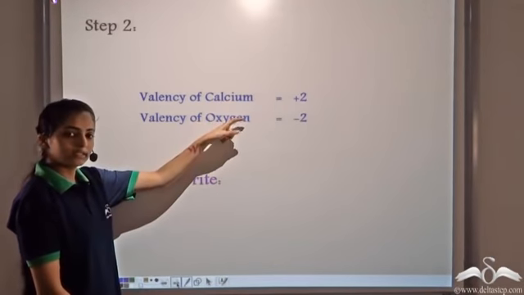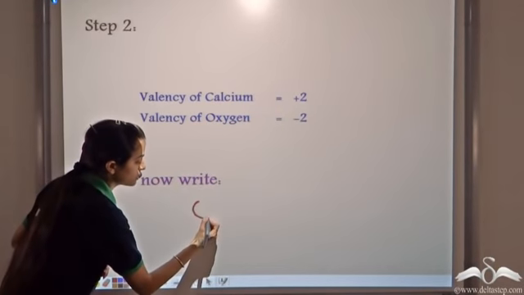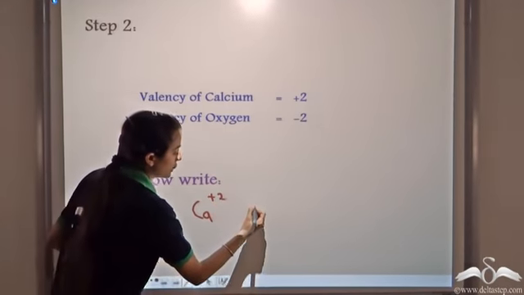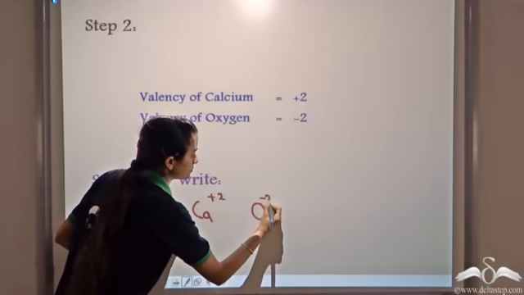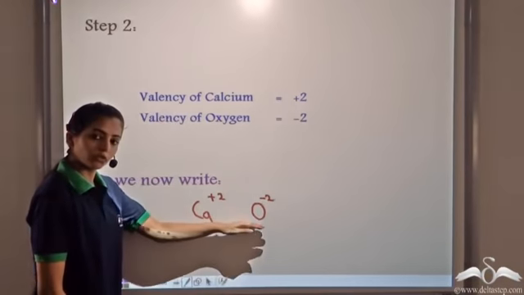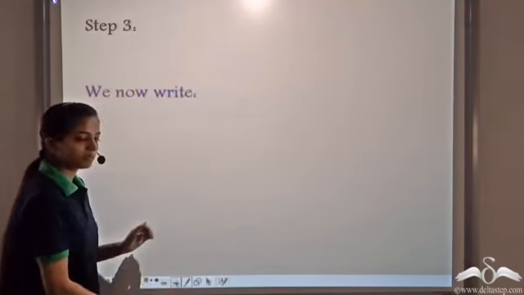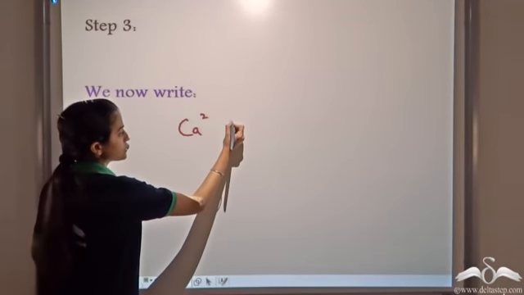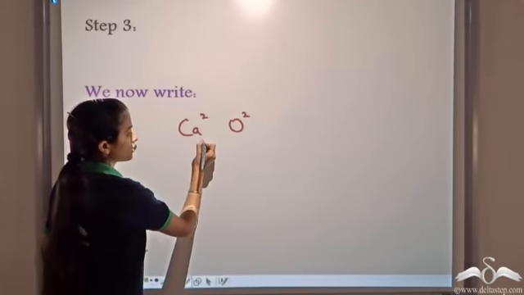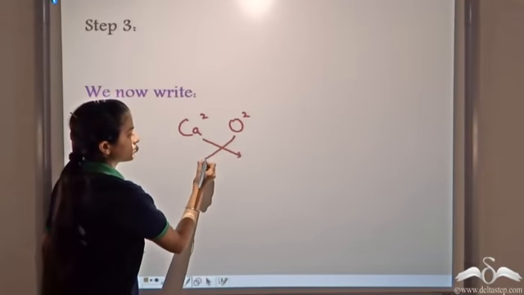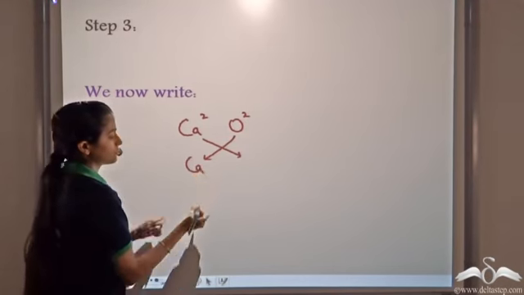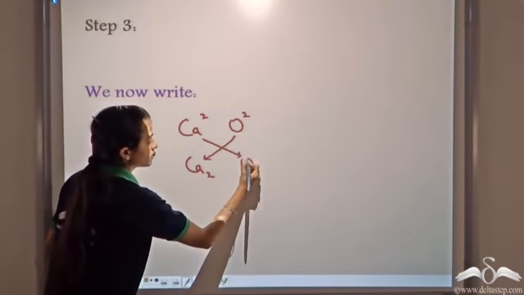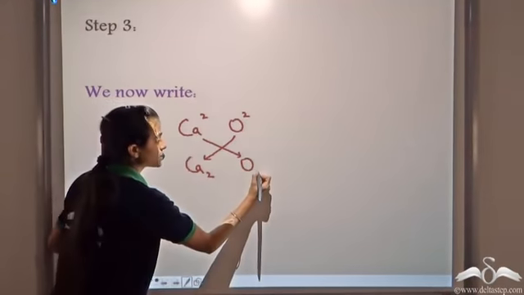We write the positive ion before the negative ion. So we write the valencies, and now calcium is the positive ion, oxygen is the negative ion. So we write calcium before oxygen, and in the next step we interchange the valencies. So we ignore the signs. So we make the superscript the subscript, and we make the superscript the subscript.